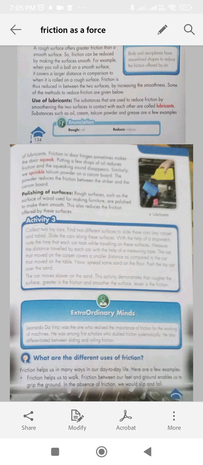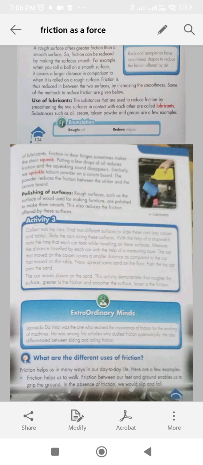Activity 3. Collect two toy cars. Find two different surfaces to slide these cars, say carpet and table. Slide the cars along these surfaces. With the help of a stopwatch, note the time that each car took while traveling on these surfaces.